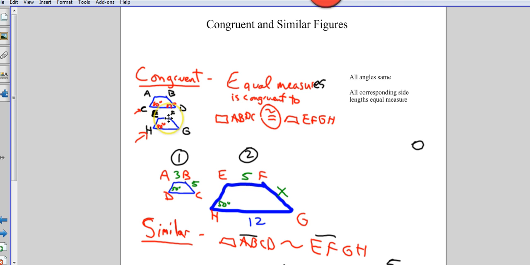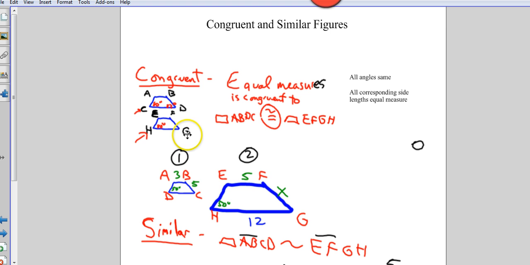Corresponding is important in congruent figures because that tells me that side length AB is equal to EF. BD, the second two letters, is congruent to FG. Side DC will be congruent to side GH.